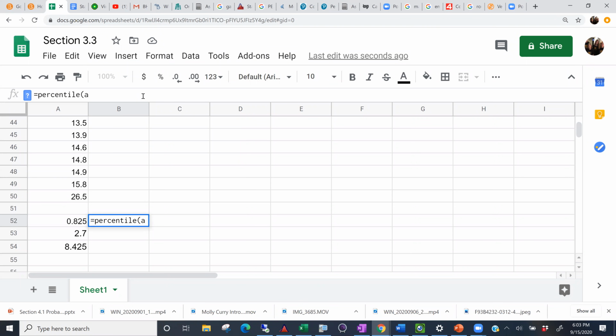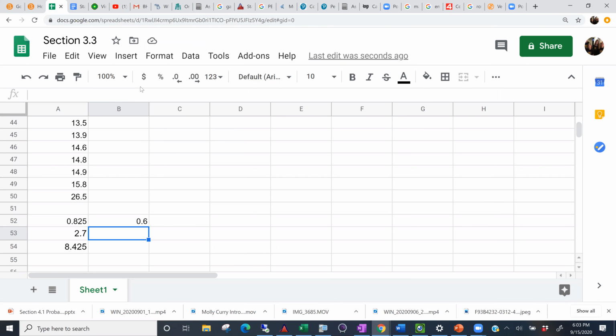That's in column A, from A1 to A51, or excuse me, A50, comma. And then decimal point, 13. Does that help? Yeah, thank you. Yeah, no problem. So you should get 0.6.